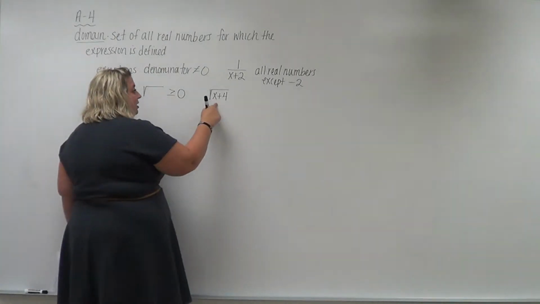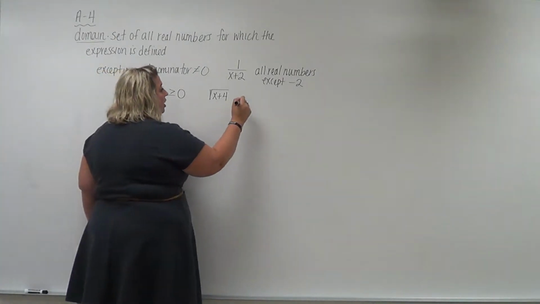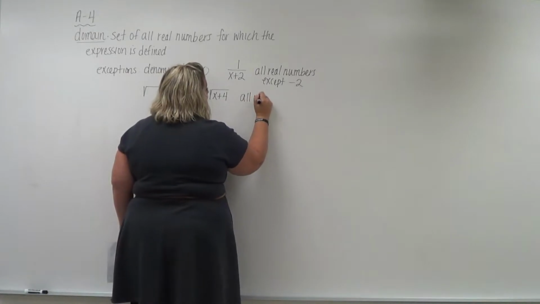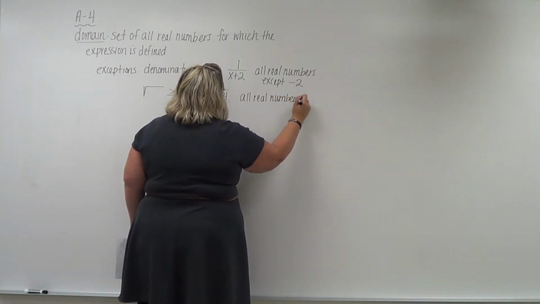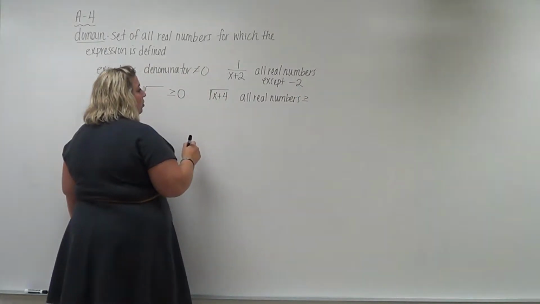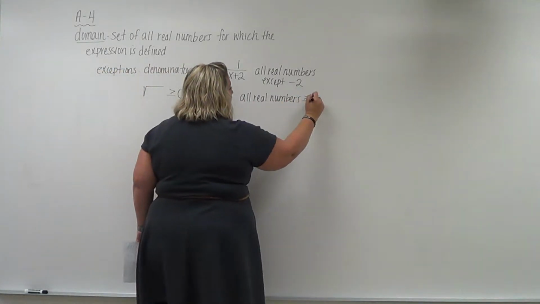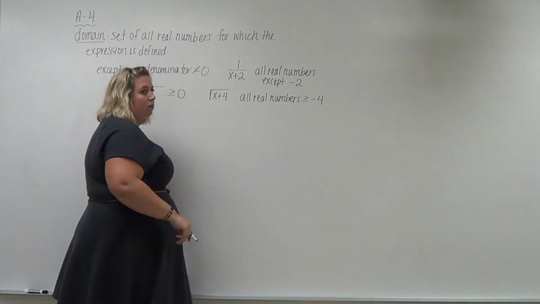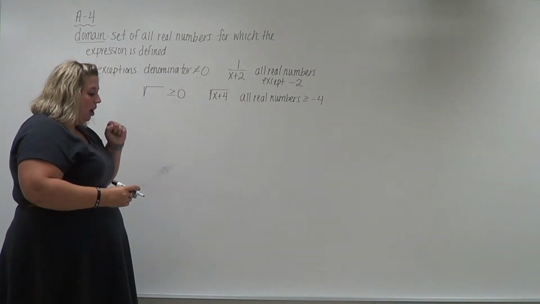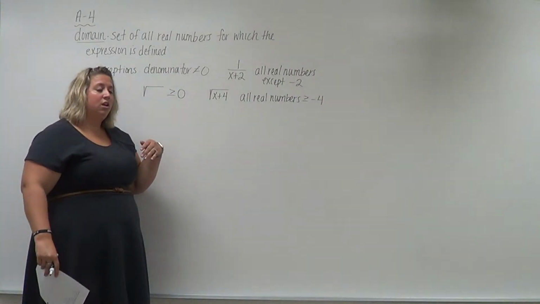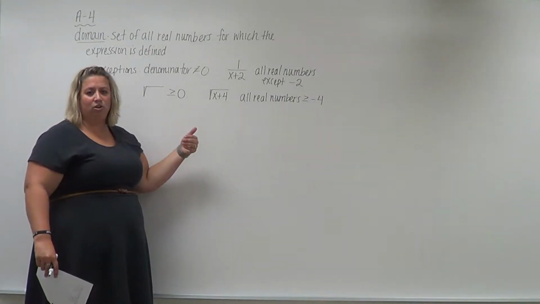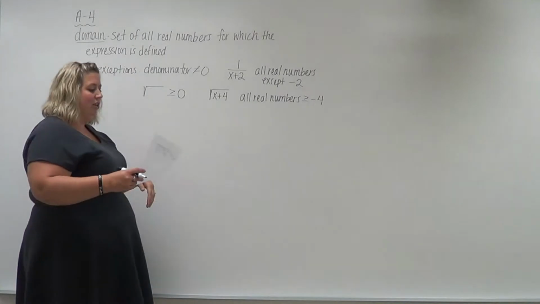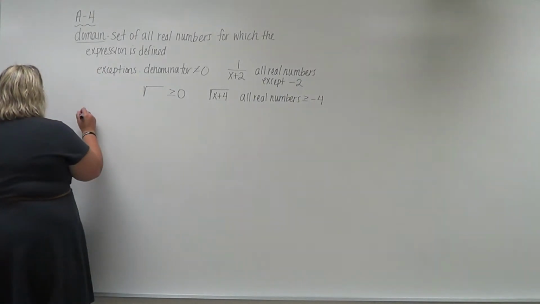So I figure out what makes this 0, which would be negative 4, and my domain is all real numbers greater than or equal to whatever made this 0, which was negative 4. Other than those two issues, you shouldn't have anything else that would not just make your domain all reals. So I'm going to list some examples.